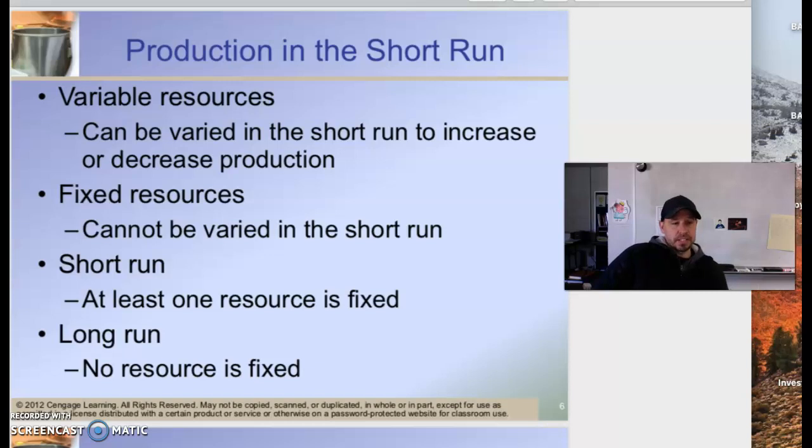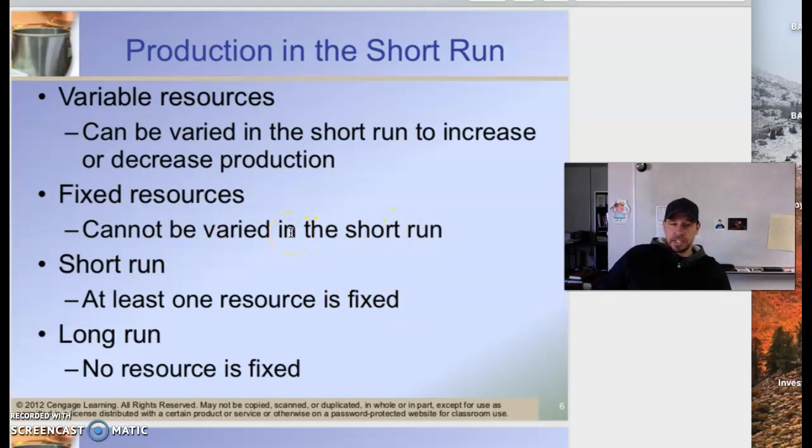We're going to quickly introduce, I'll do this relatively quick, short run and long run. These are concepts. Think of the short run as where output is produced. In the short run, we have at least one resource that is fixed, meaning we cannot change some resource. Okay, it cannot be varied relatively quickly.